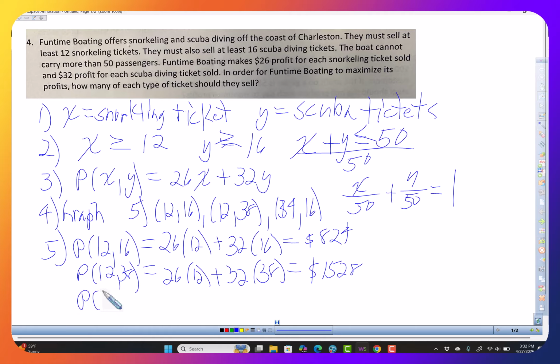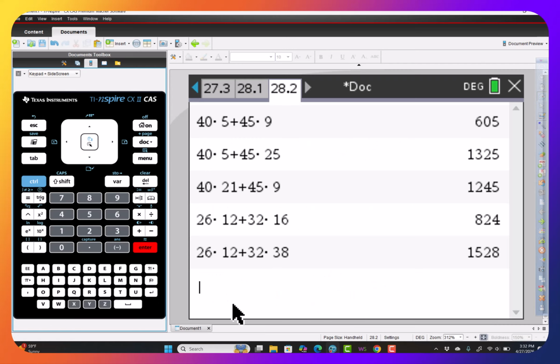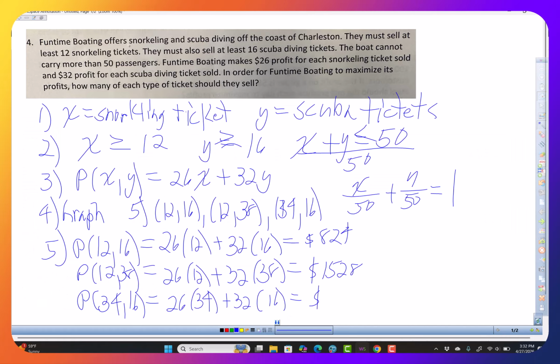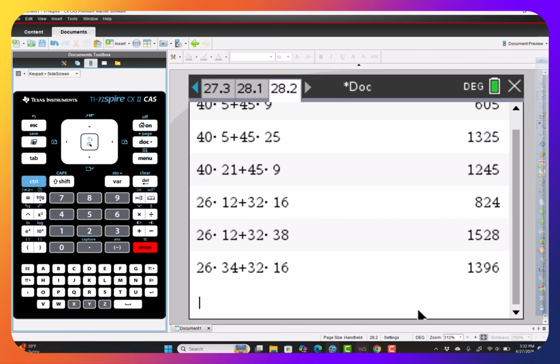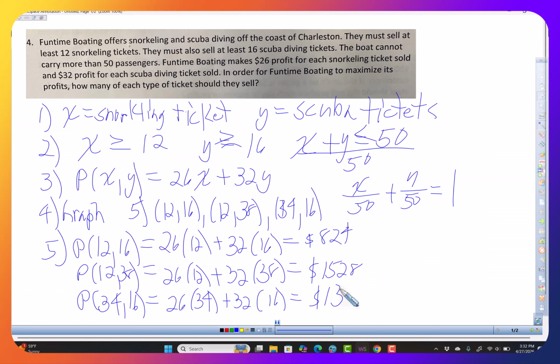Then P at (34, 16) is 1396. So this is going to be the max, 1528.